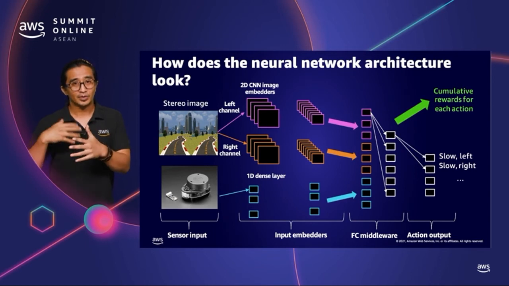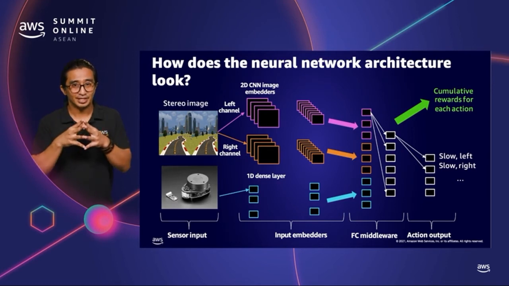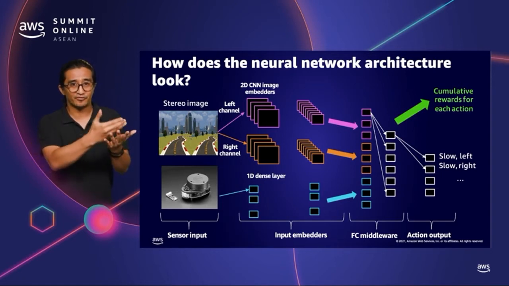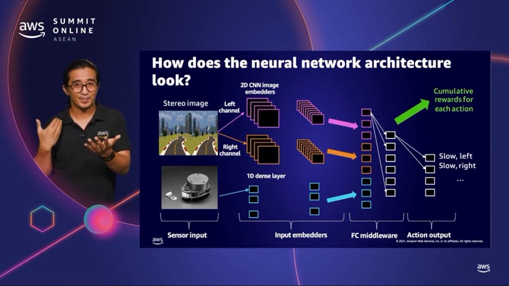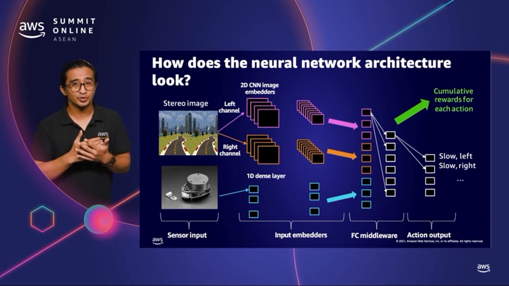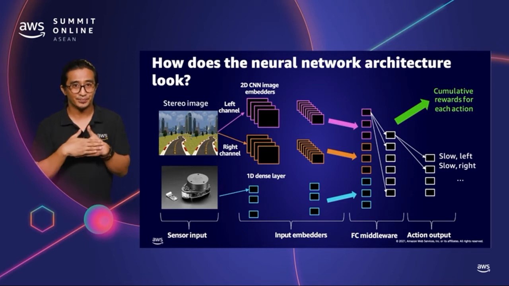Now, once we have our 2D convolutional neural networks and LiDAR, we're going to combine all this information in the middle layer. Now, as your car is moving forward, it is seeing the cars in the front, and then as it is passing, it is seeing the cars in the back. So you will be combining all this information that is passed through several layers of convolutions and one-dimensional convolutions and merge them in the middle layer.